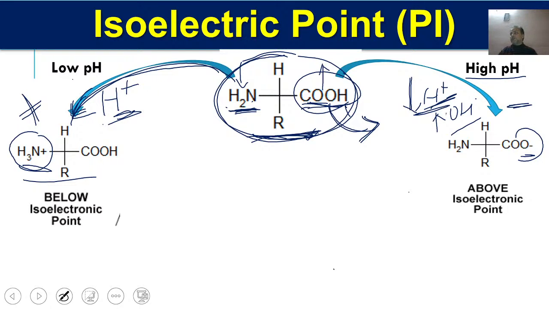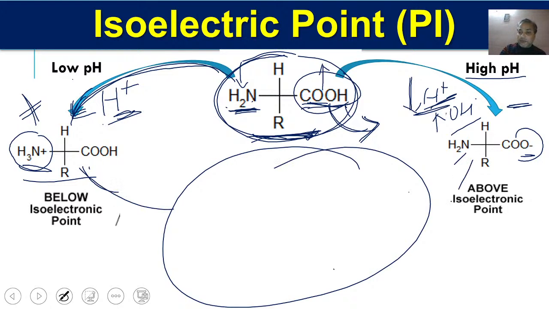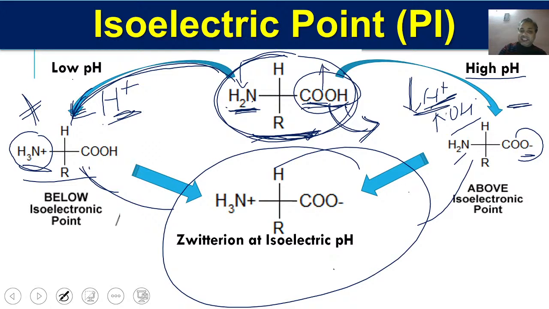Remember this. In between this pH and this pH, there is a specific pH where amino acid exists in the zwitterion form. So the amino acid exists in a structure which has both positive charge and negative charge.